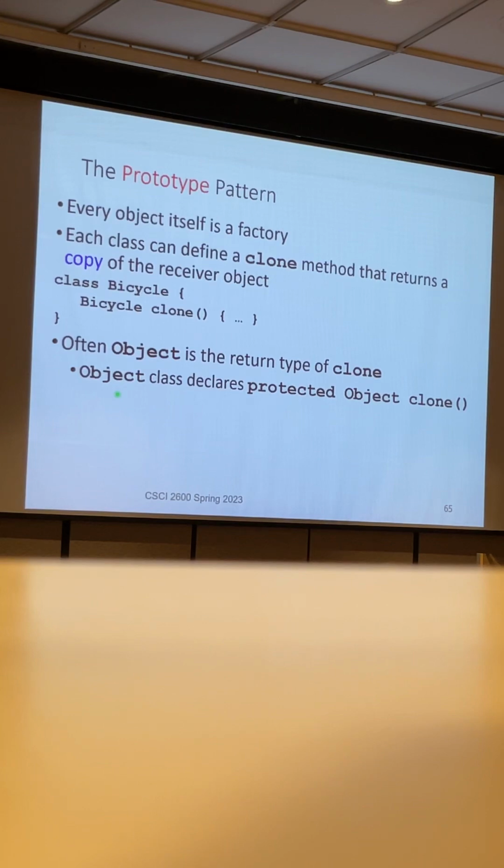But not all classes are ready for cloning. The implementation of clone in Object can only do some very basic stuff. It doesn't know about any of the fields that might exist in subclasses of Object. So it's very limited, which means that realistically, if you want any of your classes to implement cloning, you have to override this method.